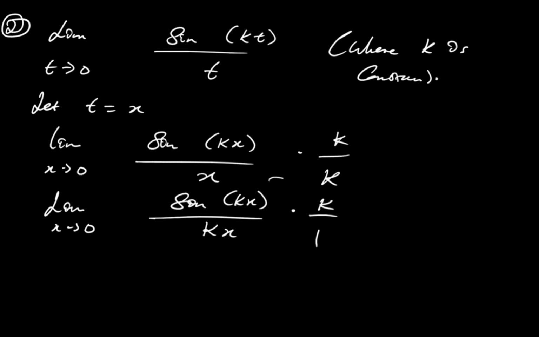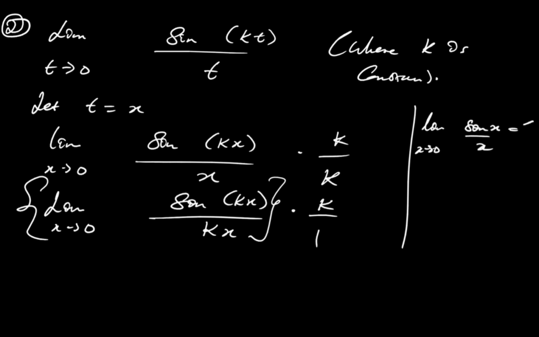Now, this portion here satisfies the condition that the limit as x approaches 0 of sine x over x gives you 1. So this means that what you have here is equivalent to 1 times k over 1. In the end, this will just give you the final answer to be k.